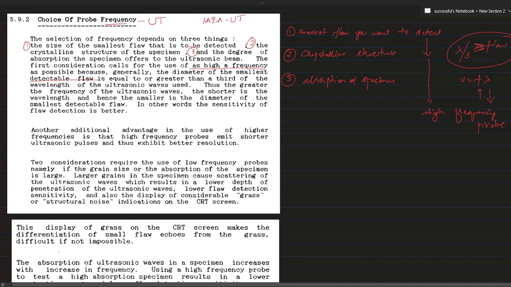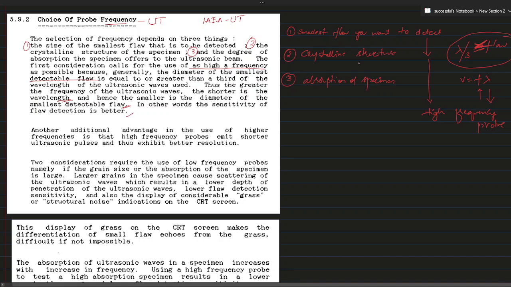Thus, the greater the frequency of the ultrasonic waves, the shorter is the wavelength, and hence the smaller is the diameter of the smallest detectable flaw. In other words, the sensitivity of the flaw detector is better.